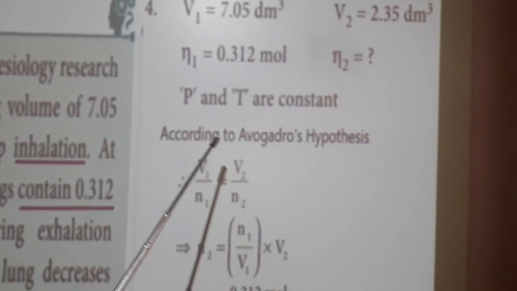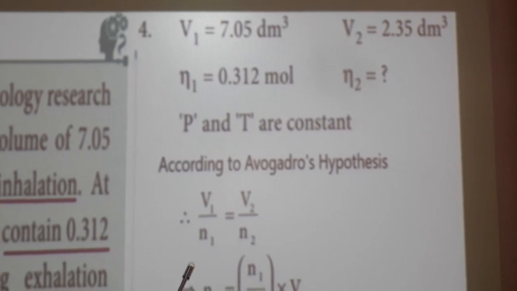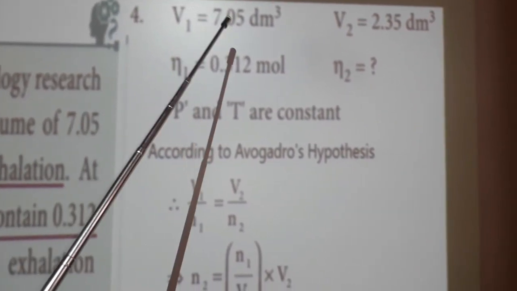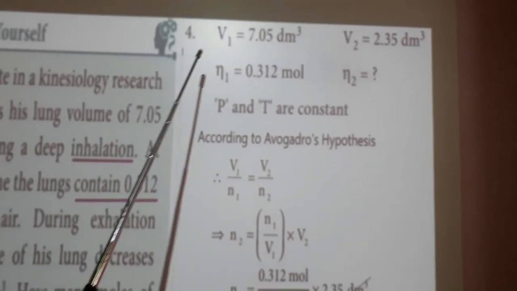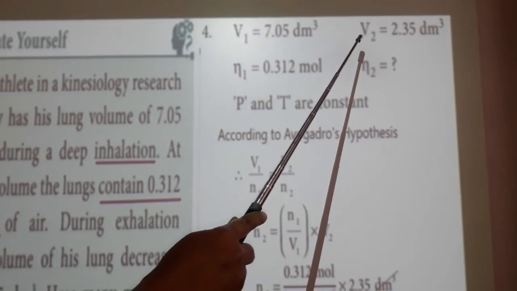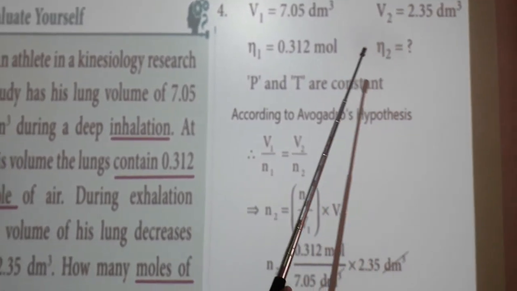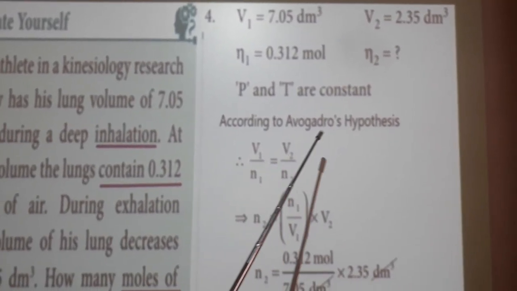So according to Avogadro's hypothesis, we are going to apply it here. V1 is the initial volume of the lungs, 7.05 decimeter cube, and 0.312 is the initial number of moles. During exhalation, the volume of the lungs is 2.35 decimeter cube. We have to find the number of moles during exhalation by applying Avogadro's hypothesis.